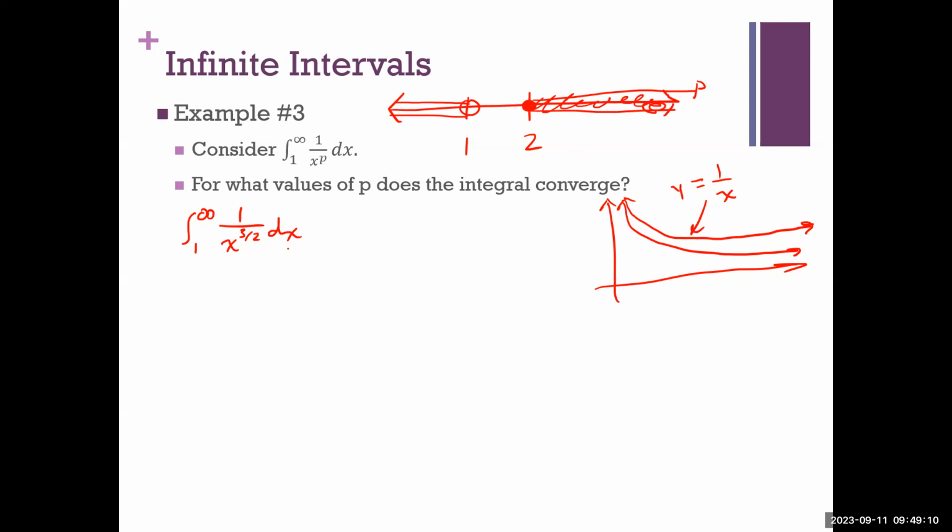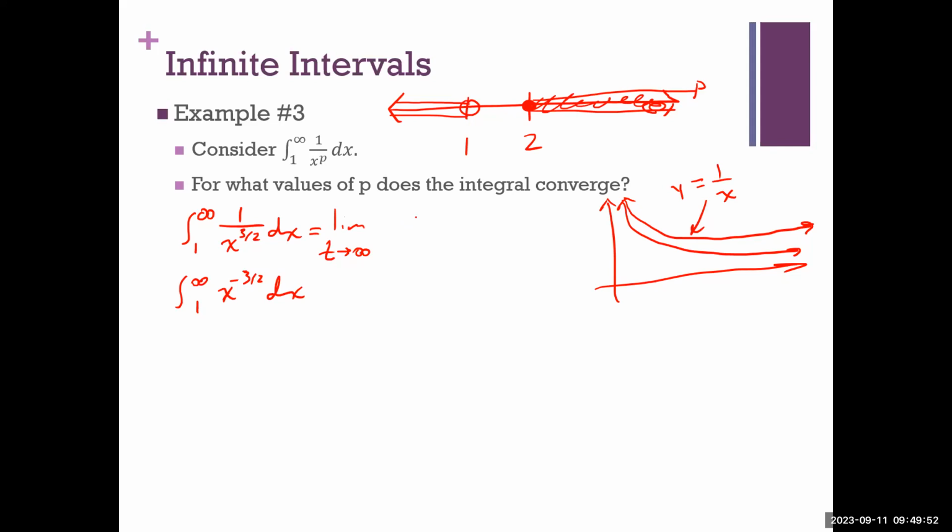So what is the antiderivative of 1 over x to the 3/2? Maybe you'd prefer to think of it like this: if I treat it as x to the negative 3/2, then what's the antiderivative? -2 over root x.